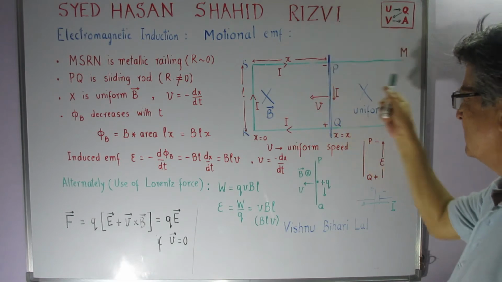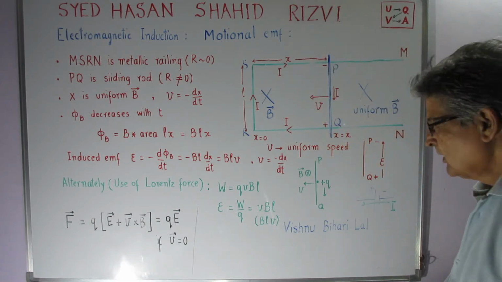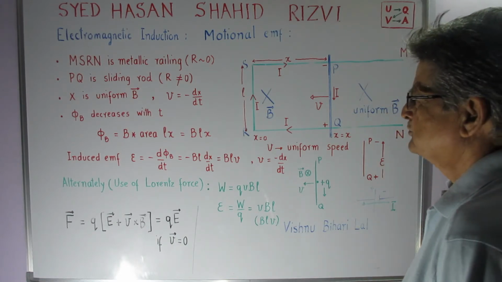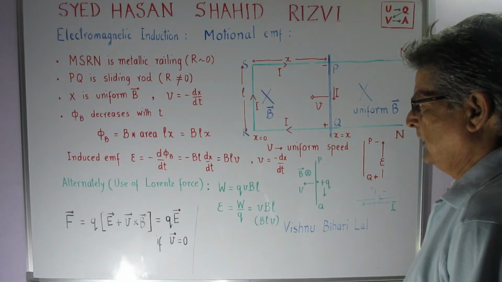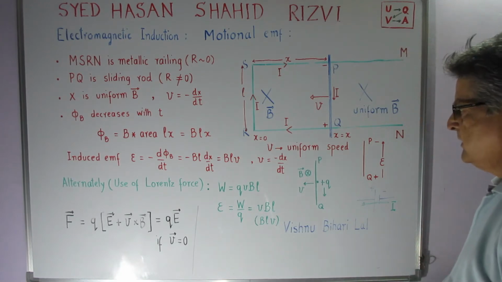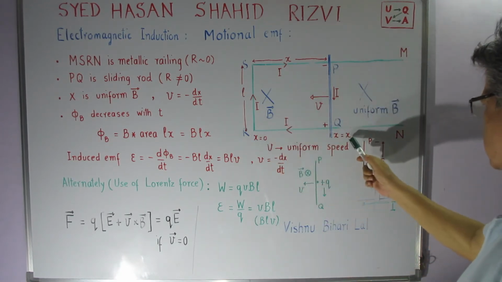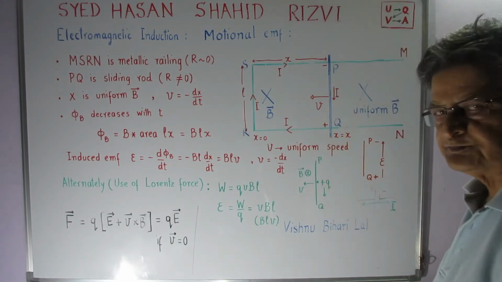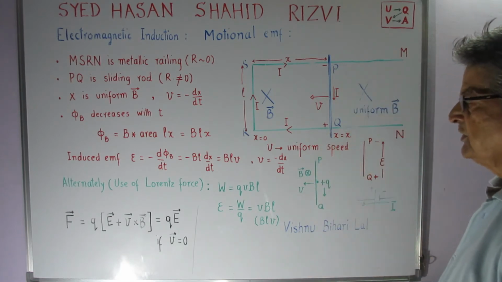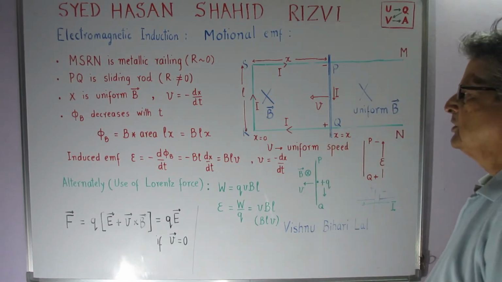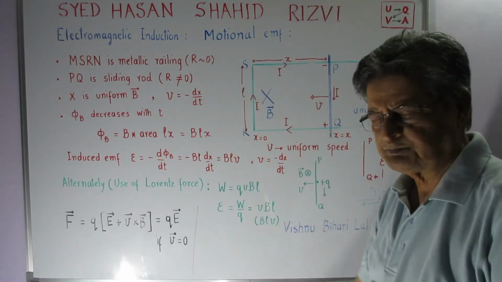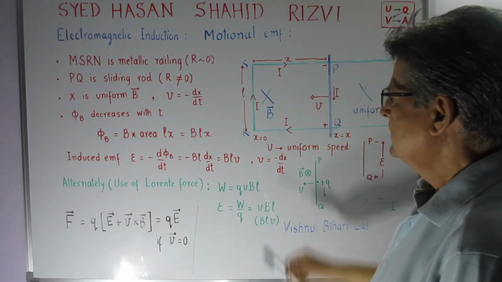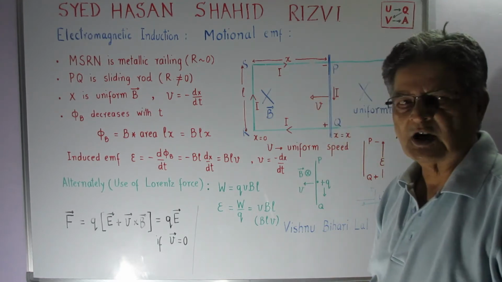But I don't want to make too many crosses there. So this cross is the uniform magnetic field, and then we define x is equal to 0, x is equal to x, and in this case we are moving towards left. So the velocity is equal to minus dx upon dt. And we see that when this rod is moved like this, the phi b decreases with time t.